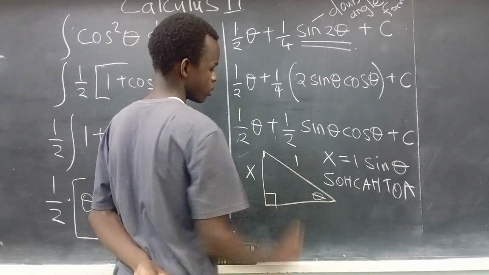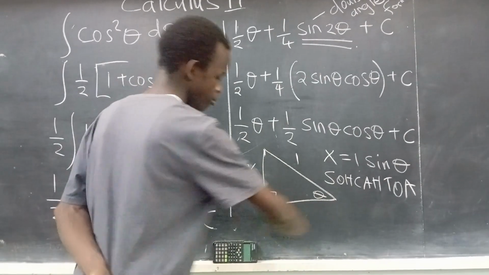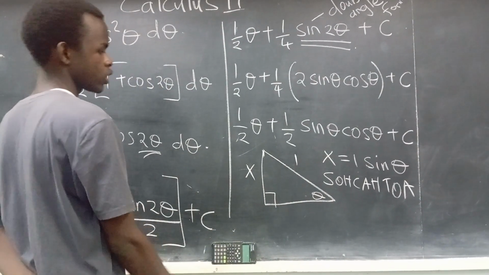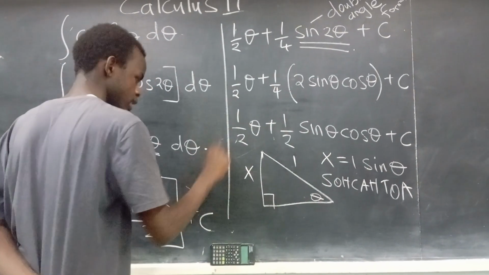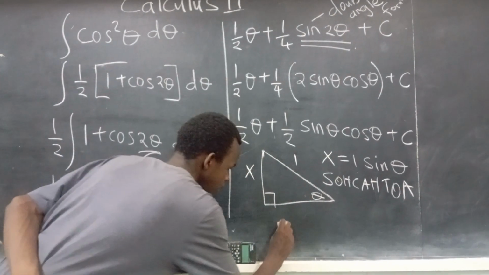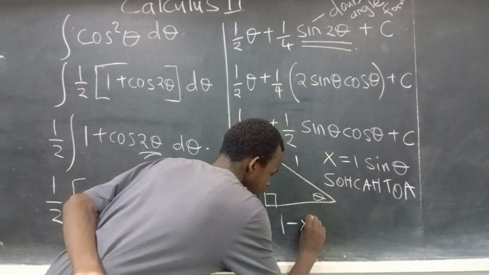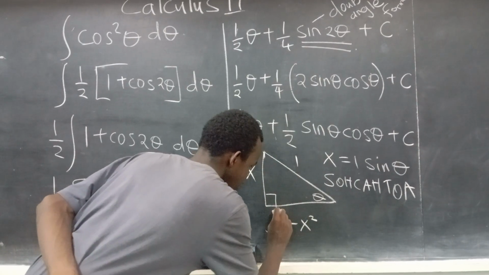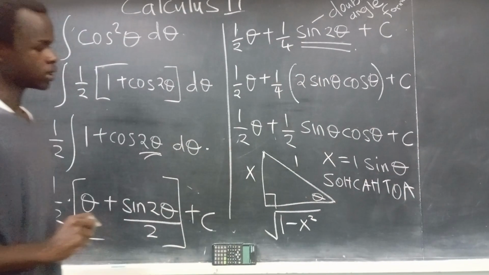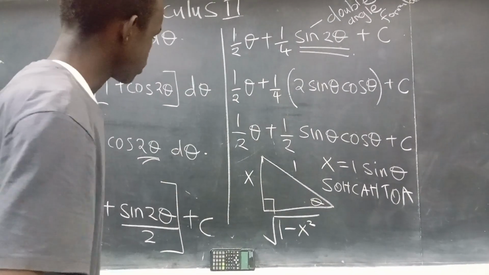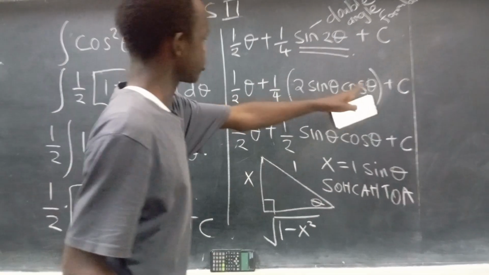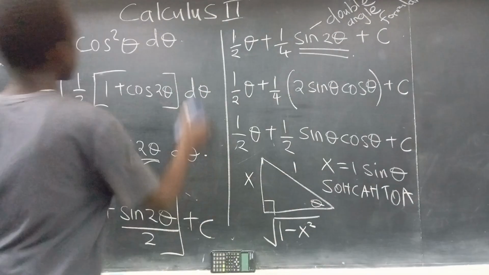My hypotenuse will be 1. Automatically, my b, as you can calculate, is just 1 squared minus x squared, then do the square root. So it's just 1 minus x squared, but now inside a square root. So from there, we'll have to replace all this information using this part.